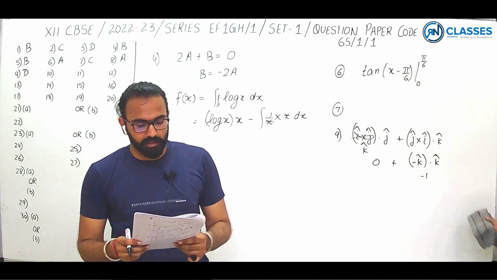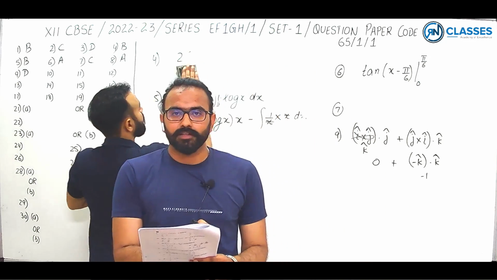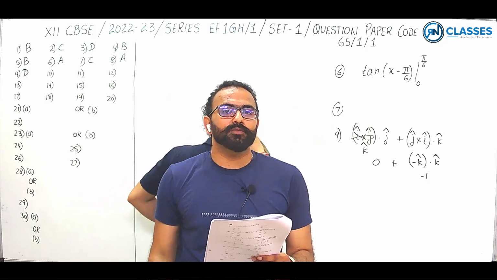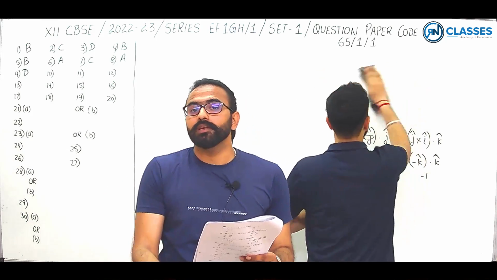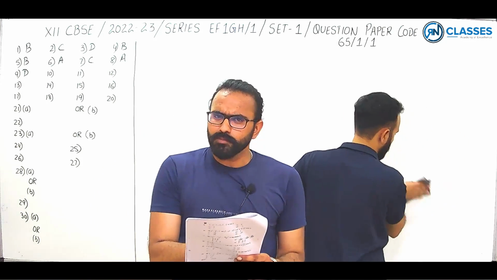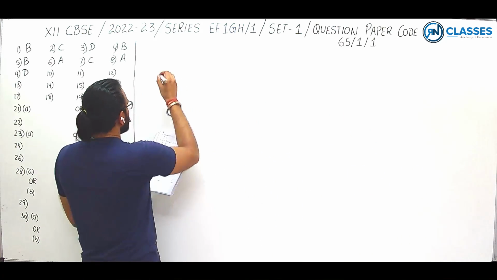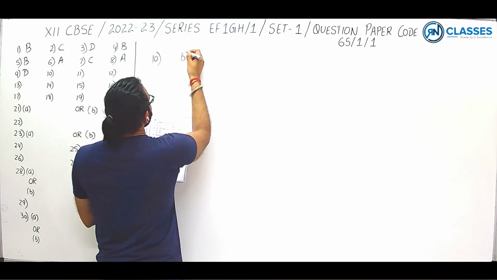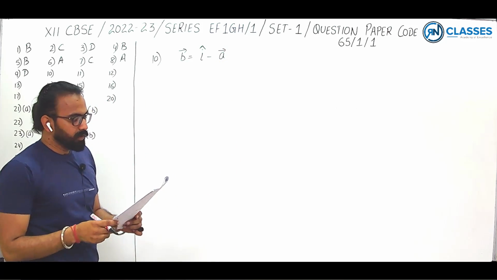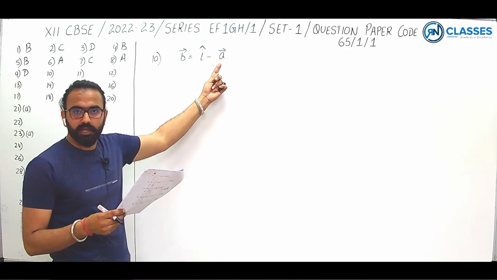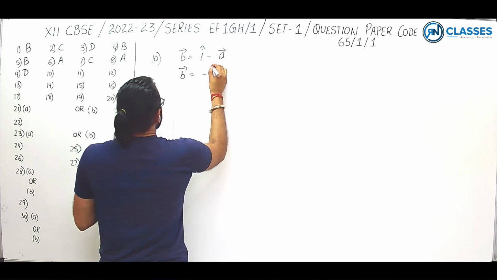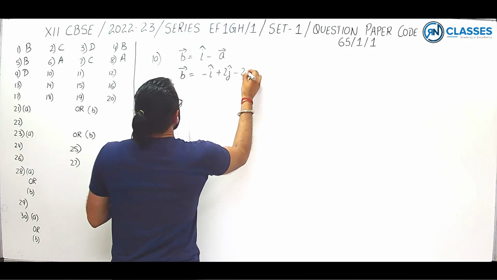Now the 10th question: if vector A plus vector B equals i cap, and we are given the value of vector A, then the magnitude of vector B equals? Very simple question. From this given condition, we will write vector B as i cap minus vector A. As soon as we substitute the value of vector A here, after simplification, we will get vector B as minus i cap plus 2 j cap minus 2 k cap.